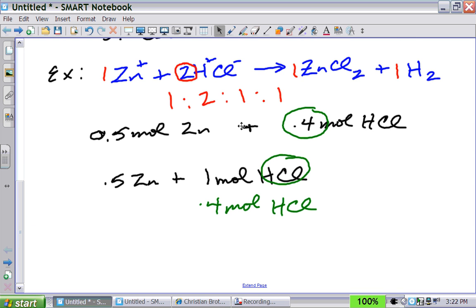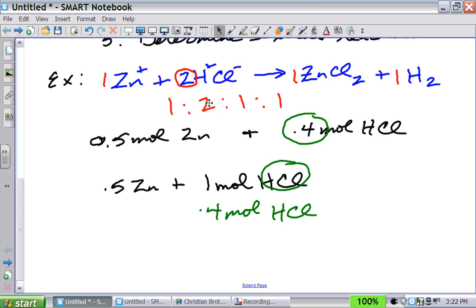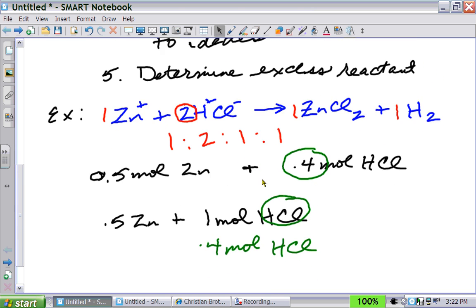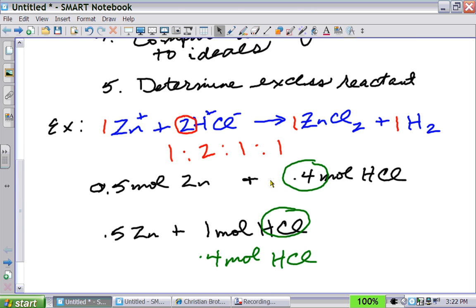Well, in the last lecture, we dealt with zinc and hydrochloric acid, and what I want to do today is take it from there. So knowing that we had 0.5 moles of zinc, and that in an ideal situation we would have twice that amount of hydrochloric acid in order to react all of it, we decided that HCl was the limiting reactant since there was only 0.4 moles of hydrochloric acid available.